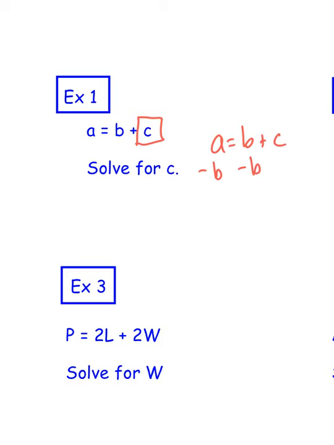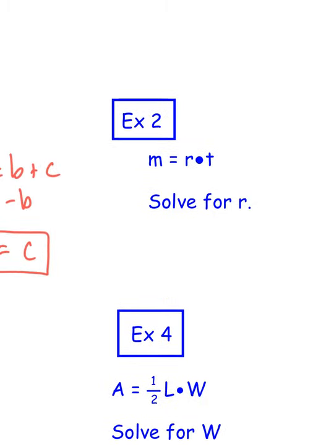And if we do that on the right, we have to do it on the left side of the equal sign as well. So then what we end up getting is A minus B on the left, and then just C on the right. And once you have it as C equals, you're all done. So that's what we're talking about with literal equations. We're just rearranging them to solve them for a specific variable.